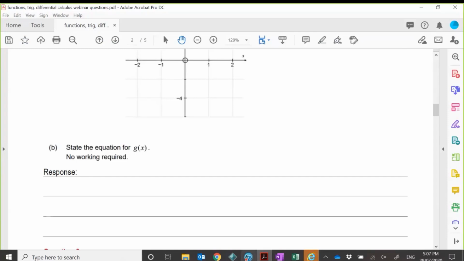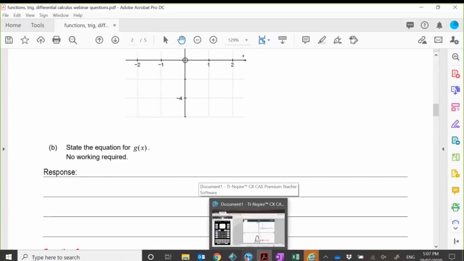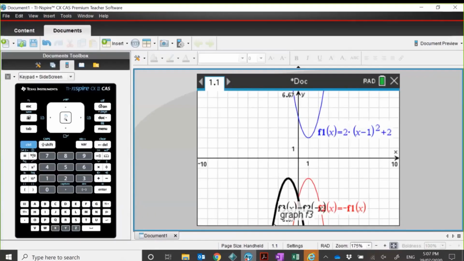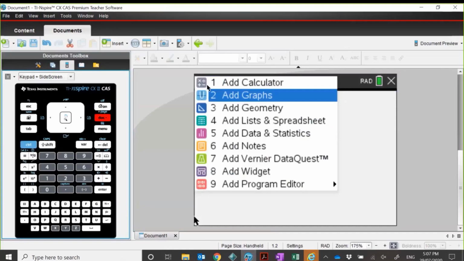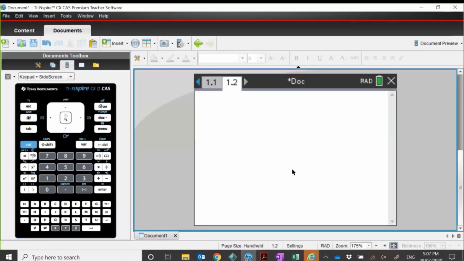So back on the calculator, we need to find out what that new function is. And if I open up a calculator page, remember that my original function was f1. So if I bring up f1, that's my original function. And I'll just hit enter so you can see there it is there in expanded form.